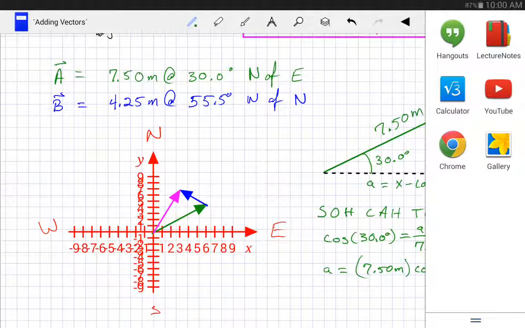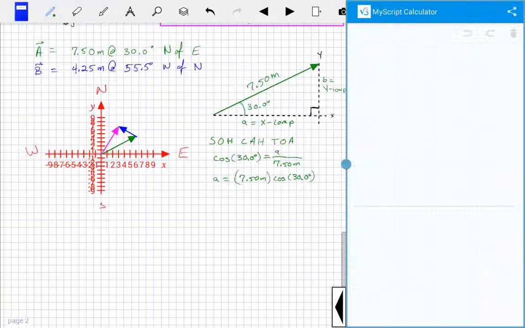So once again, we call up the calculator. 7.5 cosine of 30.0 degrees equals, come on, it seems to have stopped. I'll put a multiplication sign maybe.